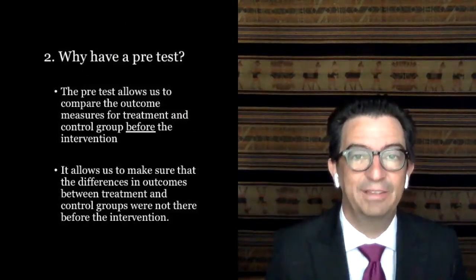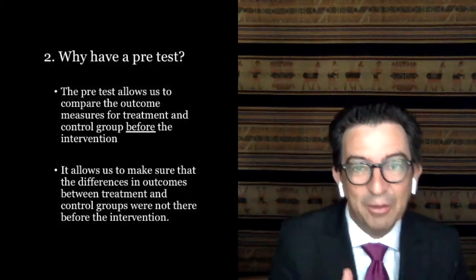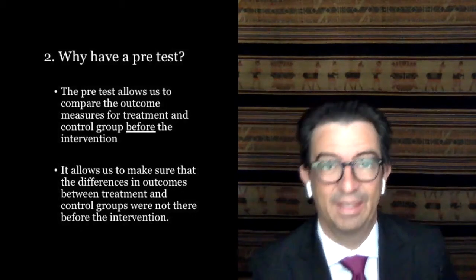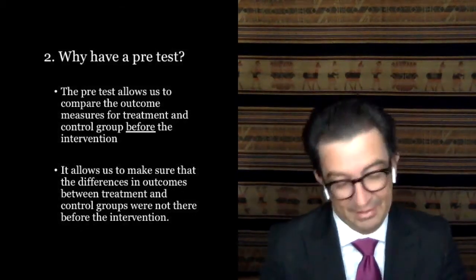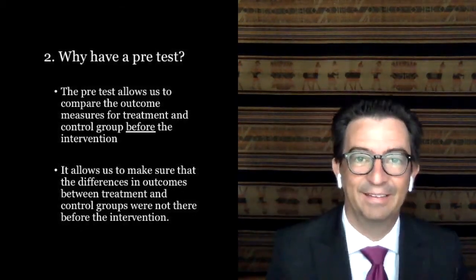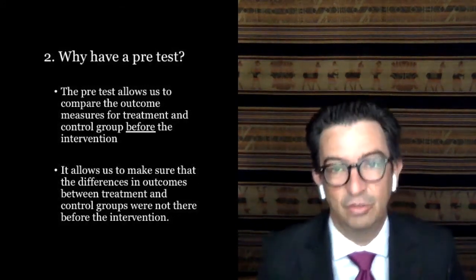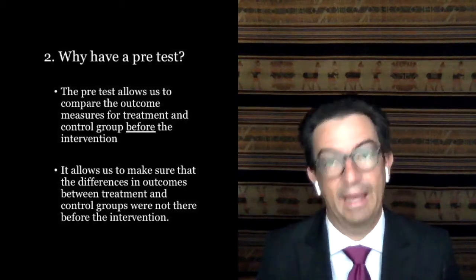We need that pretest so that we can compare the outcome measure for treatment and control groups before the intervention, so that we can make sure that these differences were attributed to the treatment after the treatment was completed.